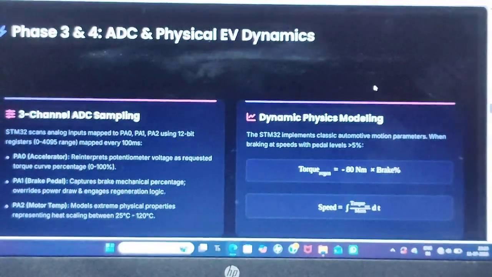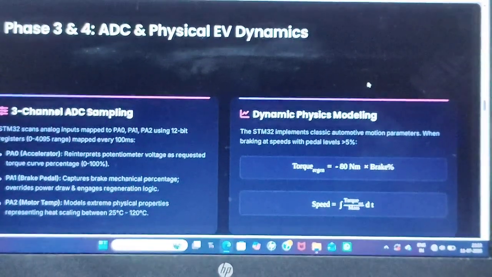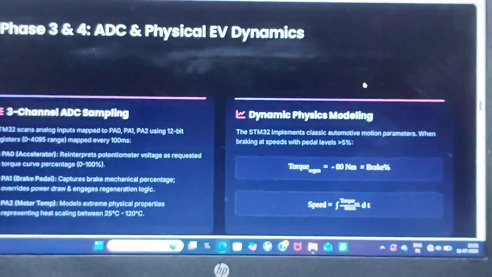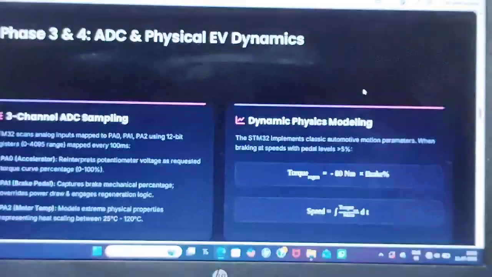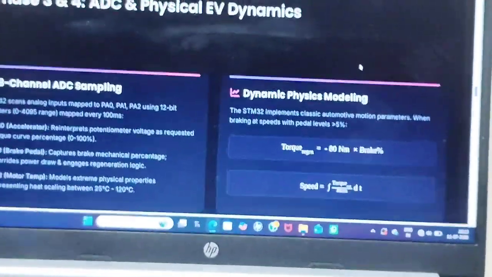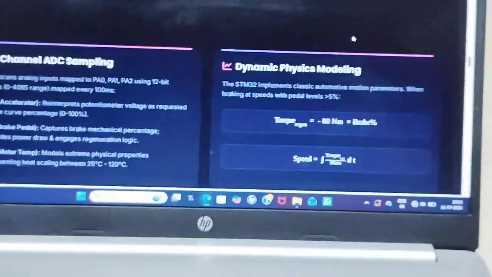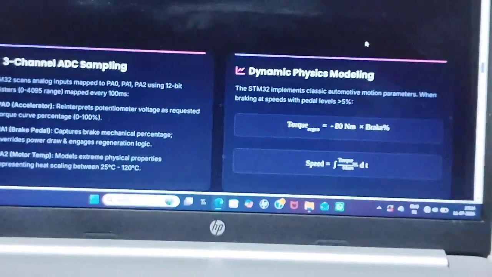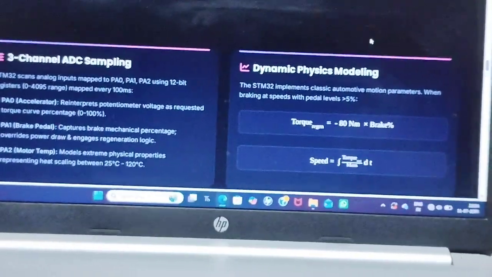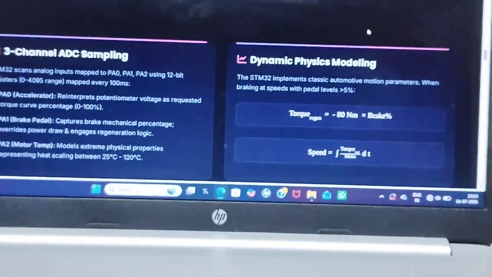Next, dynamic physics modeling. The STM32 implements classic automotive motion parameters when braking at speed with pedal levels of 5%. In the formula, torque regeneration equals minus 80 Nm times brake percentage, and speed equals the integral of torque by mass dt.